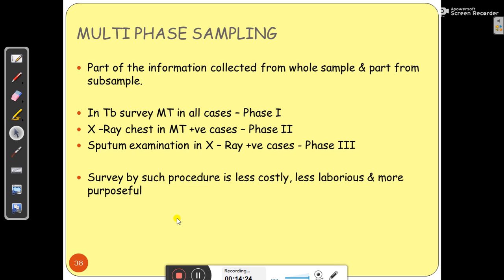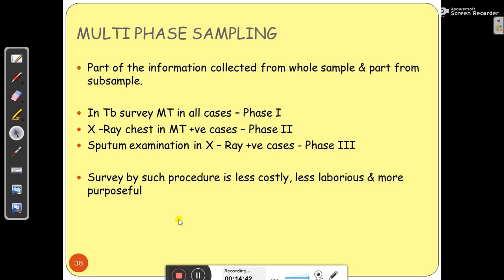So here there are 3 phases, and in all these 3 phases 3 different types of survey or information are collected. So a survey by such a procedure is less costly, less laborious and more purposeful.